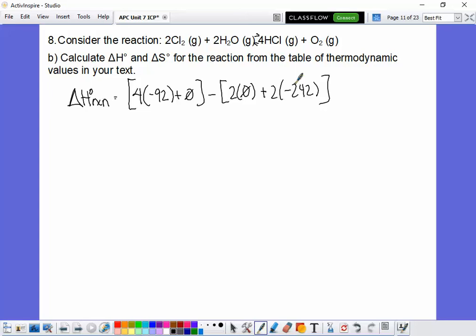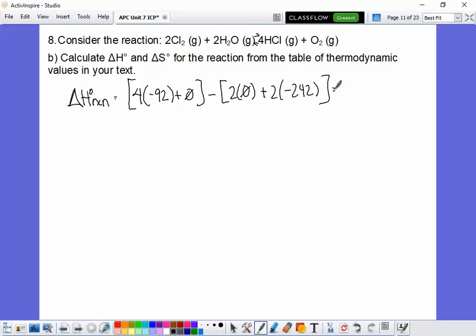Some people last class were not putting parentheses or brackets around the entire reactant side, and they weren't distributing their negative sign. They were having some algebraic issues. Okay? It was not good.